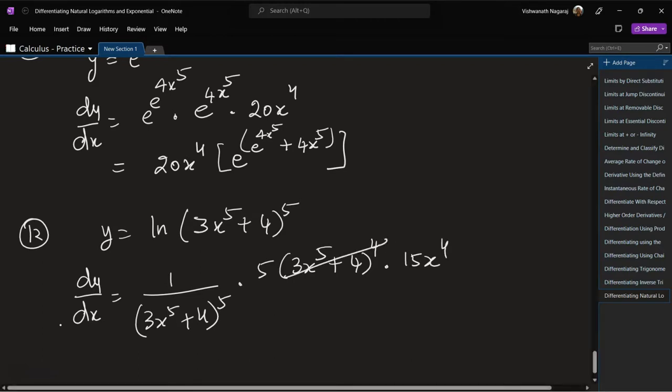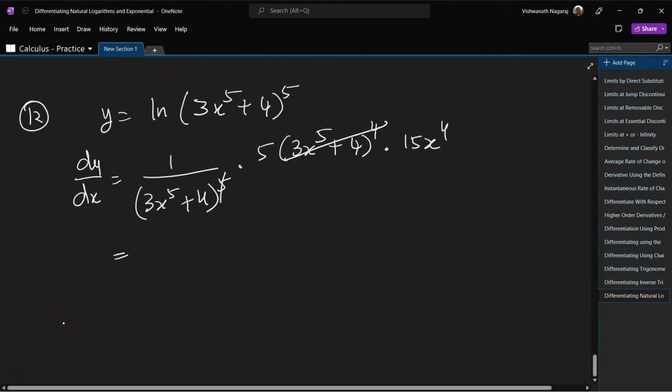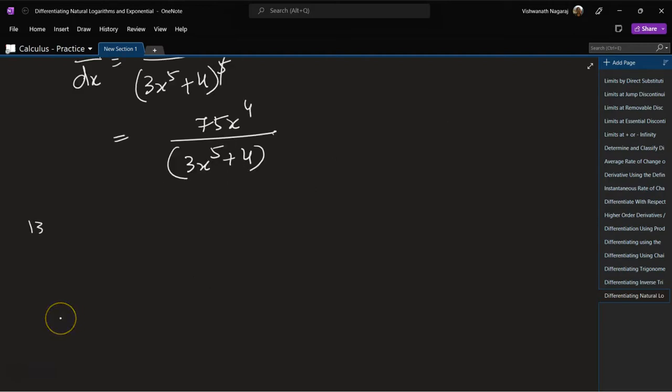So here the power of 4 cancels. So the answer is 15 5s are 75x to the power of 4 divided by 3x to the power of 5 plus 4. As you keep doing it, you will find that it becomes easier and easier for you to do it.